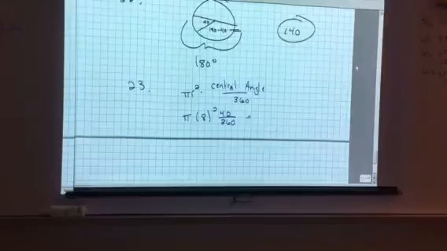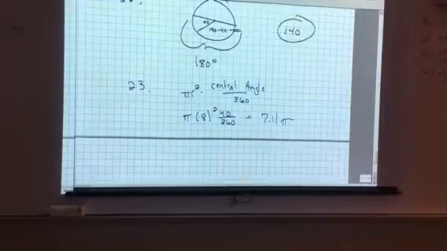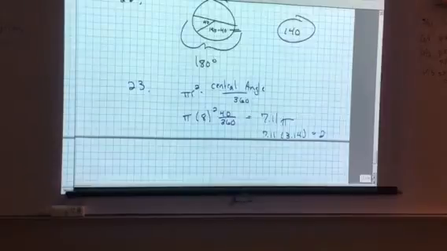And so 8 squared is 64 times 40 divided by 360 equals 7.11 pi. It says use about 3.14 for pi. So we're going to do this times 3.14. And I'm going to get 22.3 as my answer.